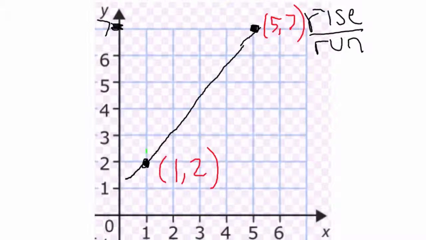So we're going to rise up to the second point, which is 1, 2, 3, 4, 5 units up, and then you run, meaning the change in x: 1, 2, 3, 4. So the rise over run equals 5 over 4, which is the same slope we got doing the mathematical computations.